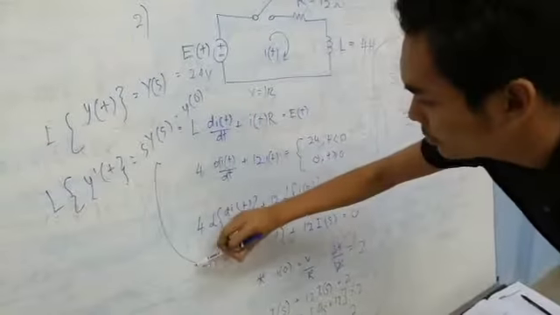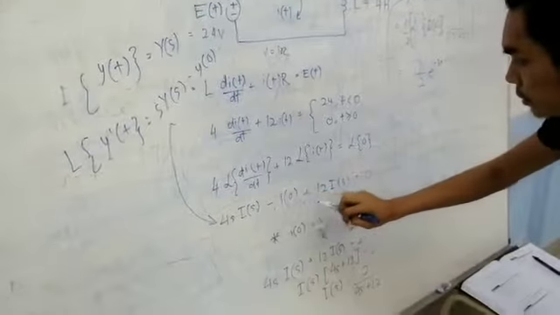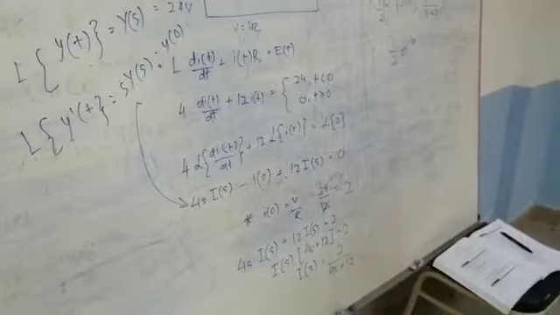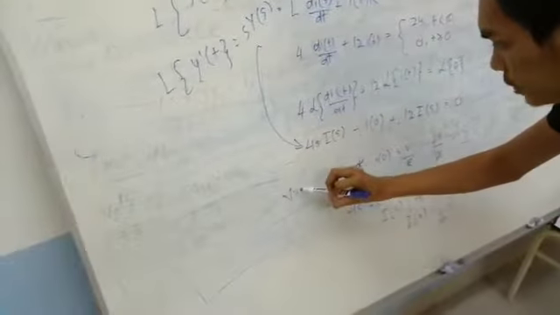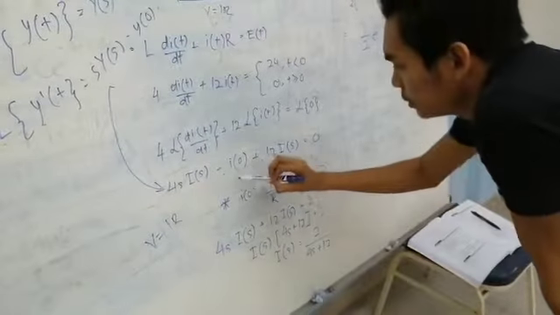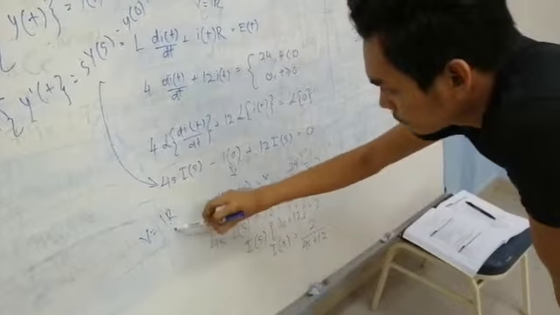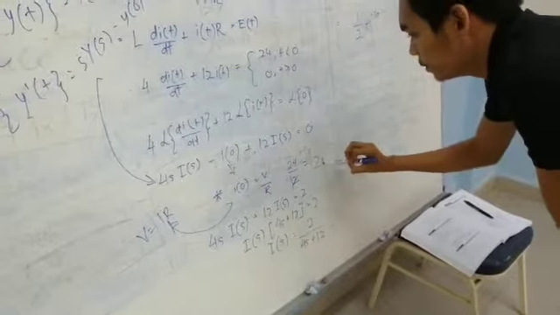It's the same as here, equals minus I naught plus 12 I is equal to 0. And we all know the formula of Ohm's law is V equals IR. So from that we want to find I naught based on Ohm's law. So the I naught is 2 ampere.